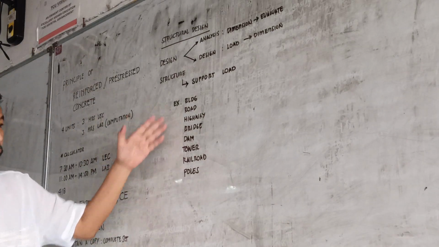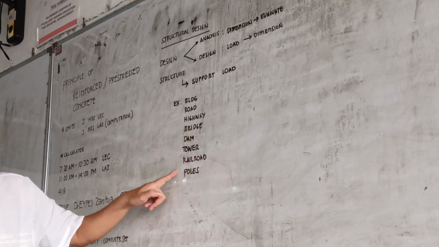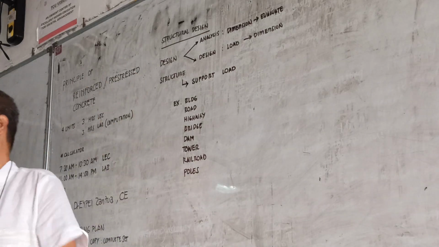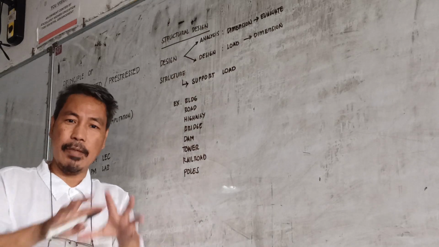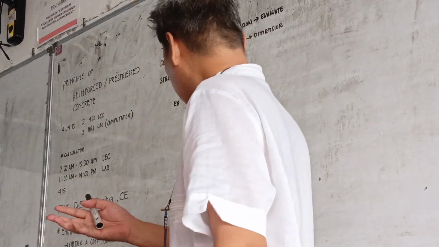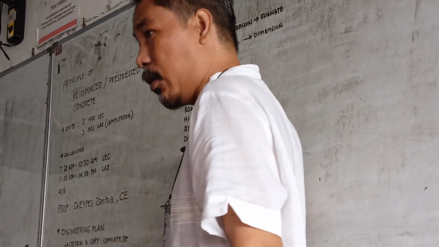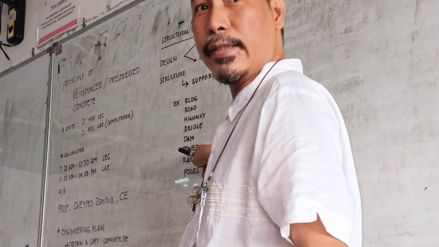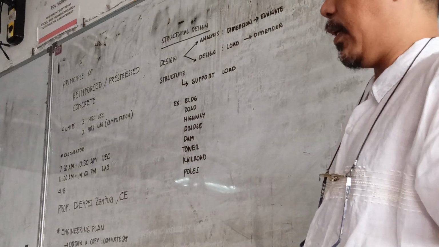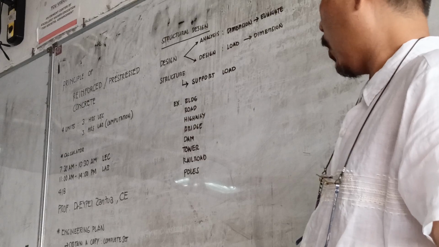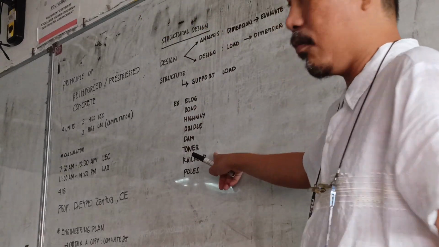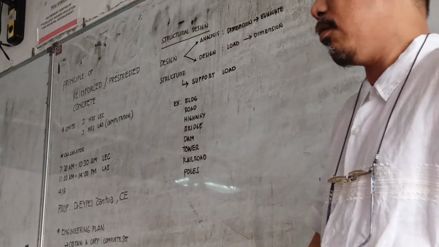So these are the smaller specific examples, and the power plant is a big example, because it involves so many structural designs. If it is an electric power plant, we have towers for electric distribution lines. And if that power plant is in a forested area, they may have their own railroad.